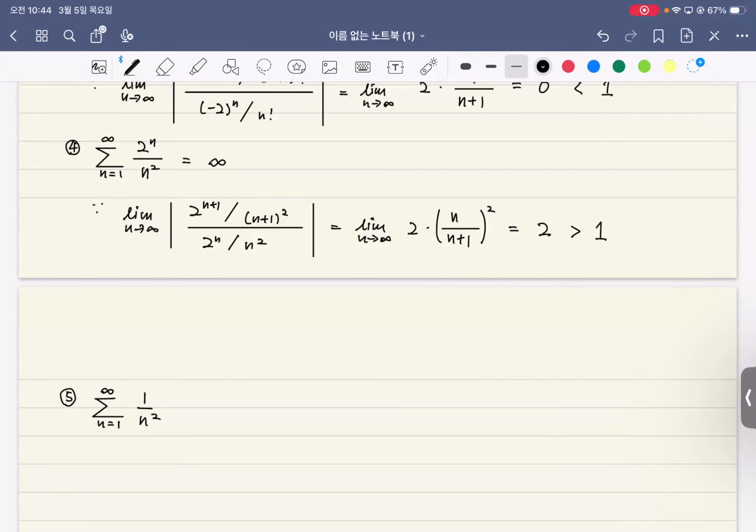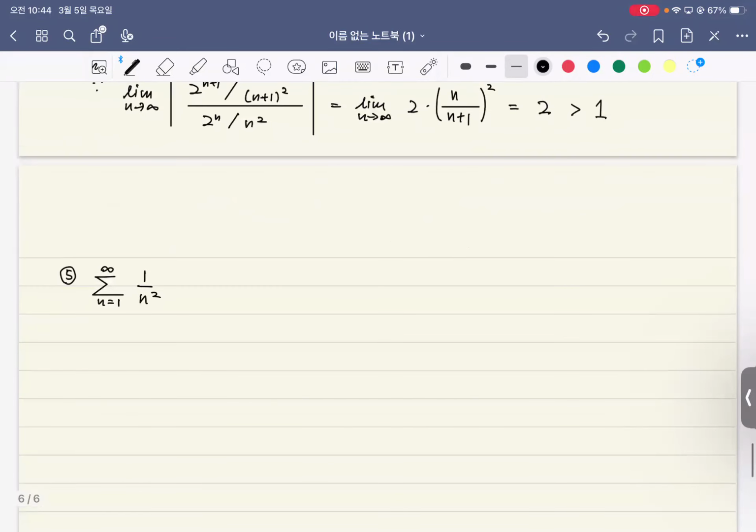This is actually convergent. But if you try to use the ratio test on this series, then 1 over (n plus 1) squared and 1 over n squared, absolute values. It turns out this is just (n over n plus 1) everything squared, and this goes to 1.